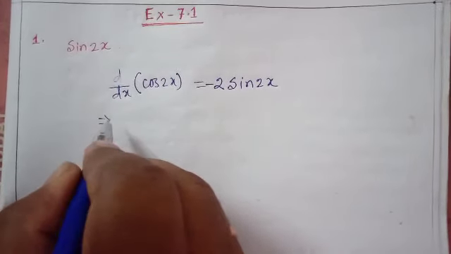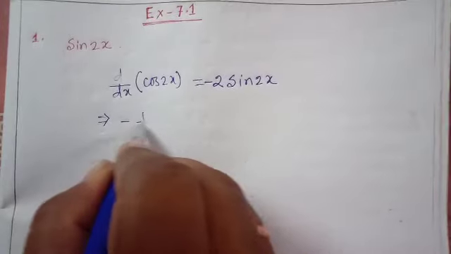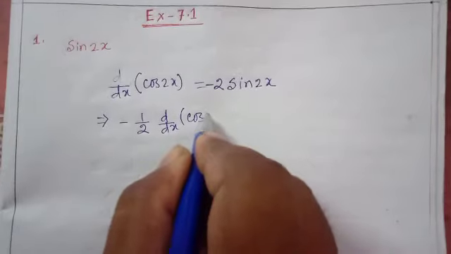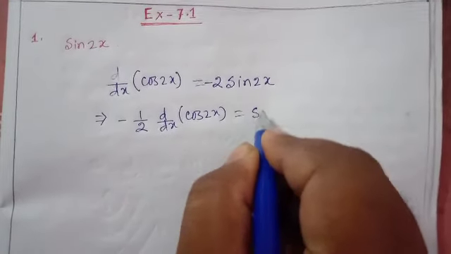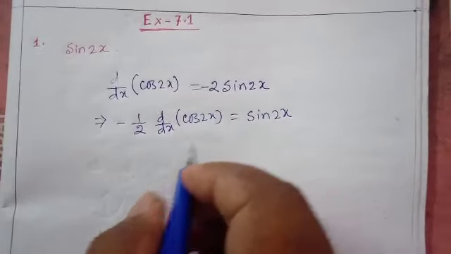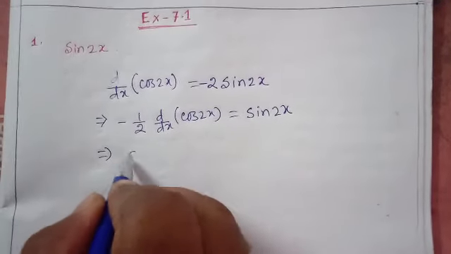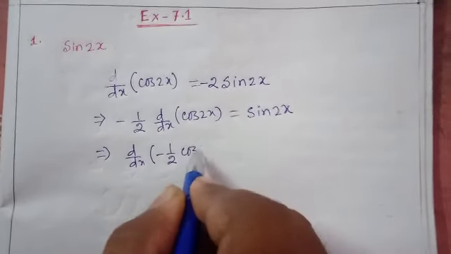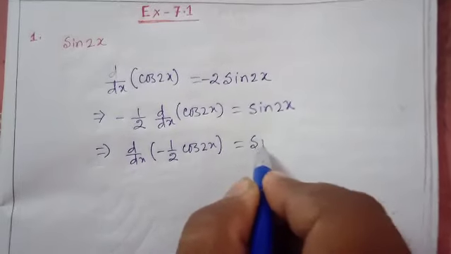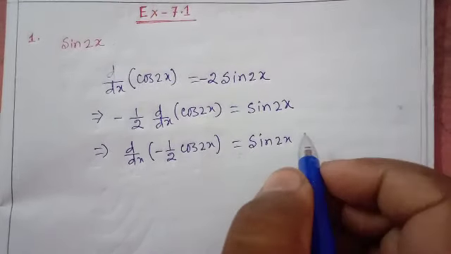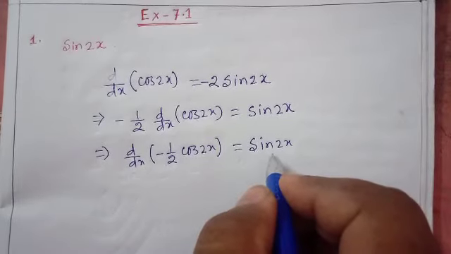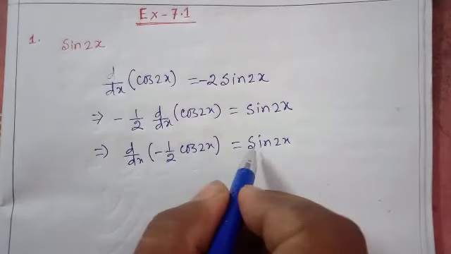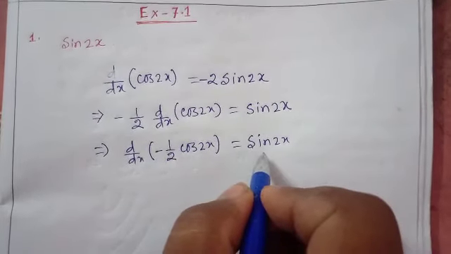Next step, minus 1 by 2 d/dx of cos 2x equals sin 2x. So you can put it as d/dx of minus 1 by 2 cos 2x equals sin 2x. So sin 2x is the derivative of minus 1 by 2 cos 2x.